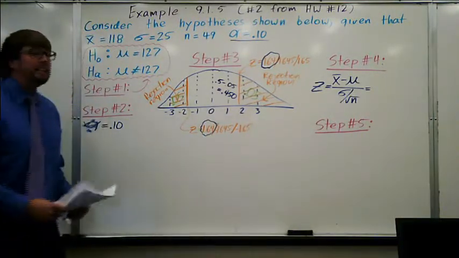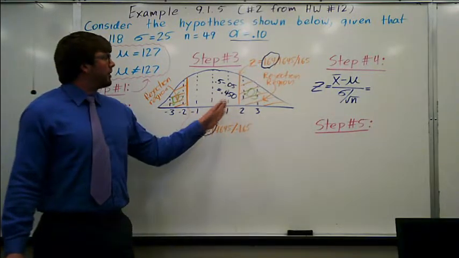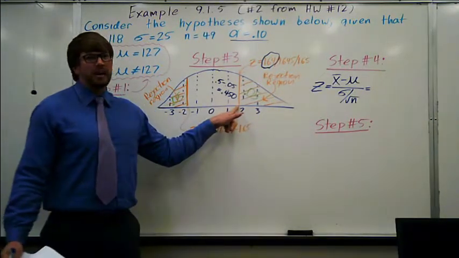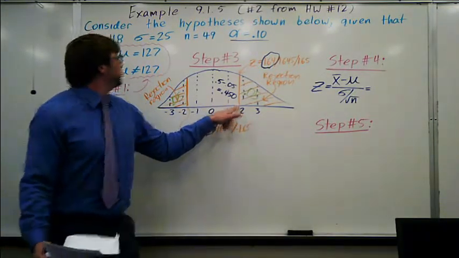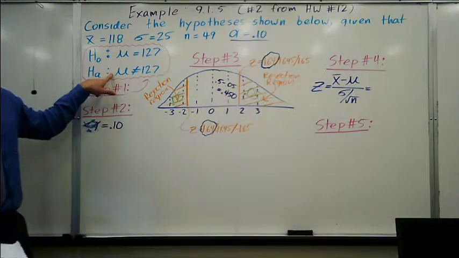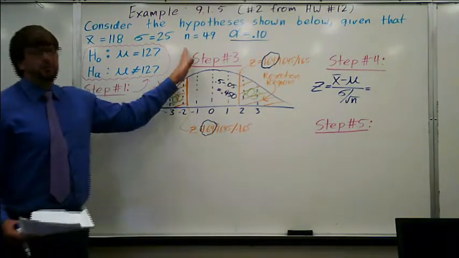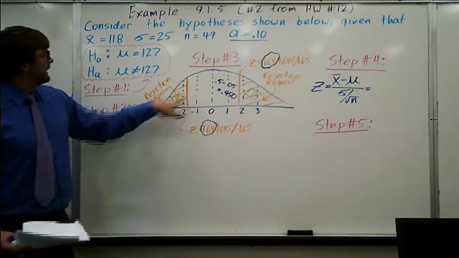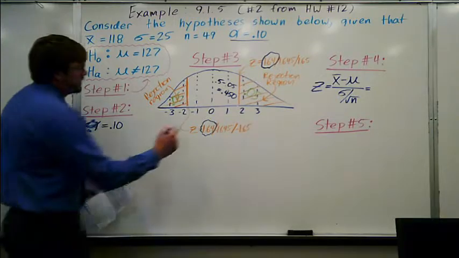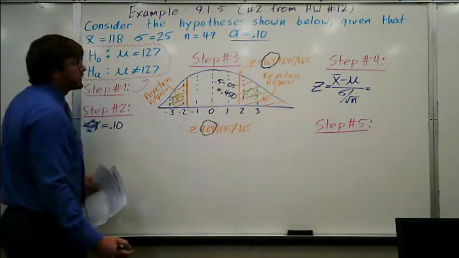So now, the idea is that if our test statistic falls farther away from the mean than that 1.645, then we're going to be able to reject the null hypothesis and accept the alternative hypothesis that it's not equal to 127. Alright, so again, step number 3 was just identifying these rejection regions, right? And we got those as positive 1.645, and then negative 1.645, of course.